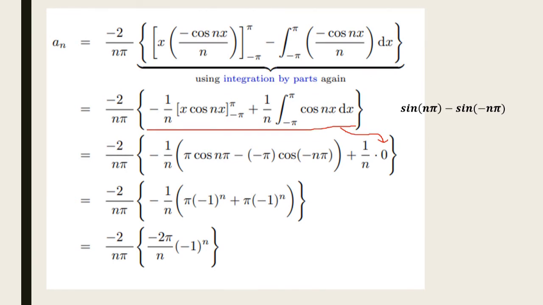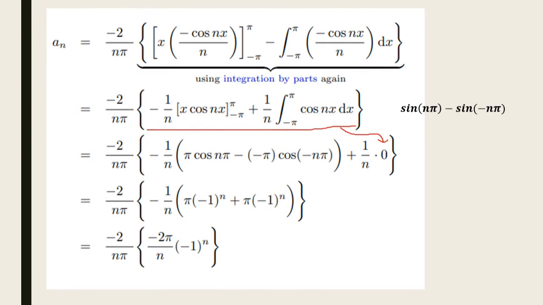So negative 2 over n pi times negative 1 over n times pi cosine n pi minus negative pi cosine negative n pi. We first need to analyze this. Why did it become negative 1 raised to n?